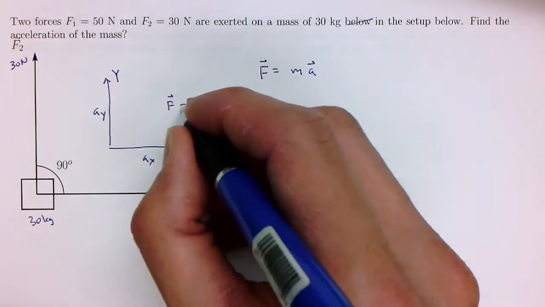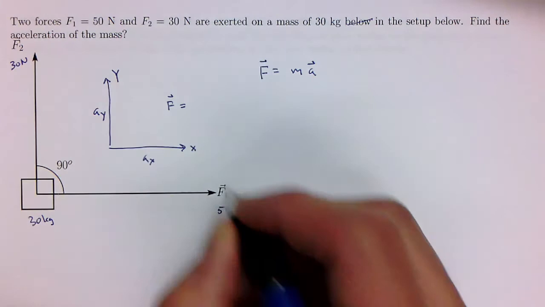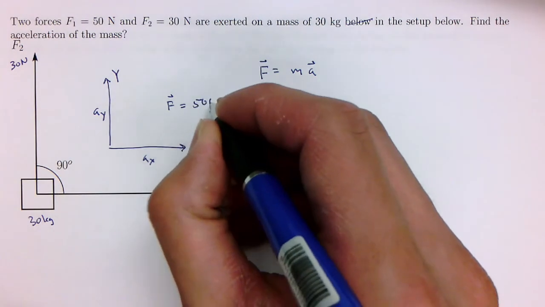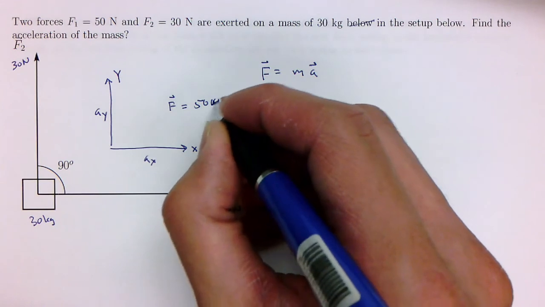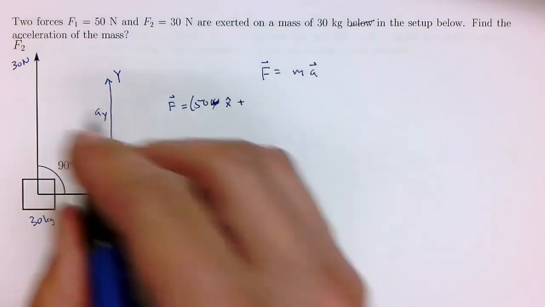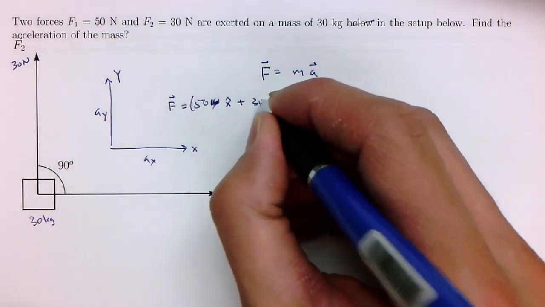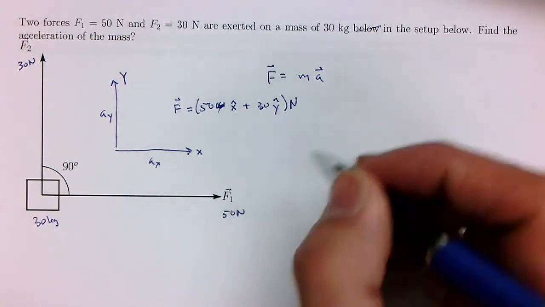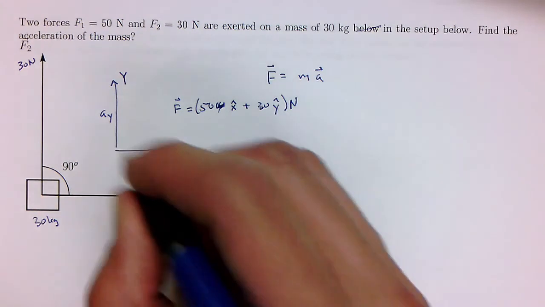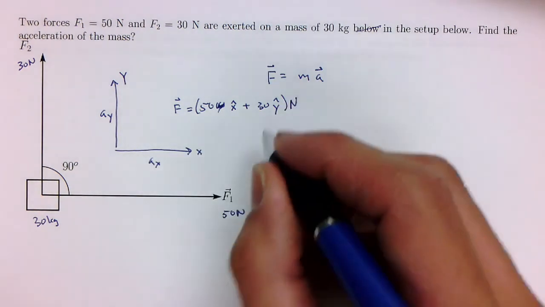So this force is going to be 50 newtons along the x hat direction plus 30 newtons along the y hat direction. Now the acceleration is something I don't know yet.